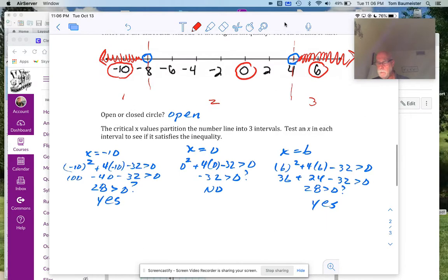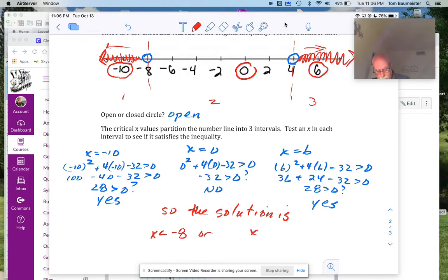So if we look at it, the solution is, well, if I look here, all of this right here is less than -8. So x is less than -8. Or if we look at this one here, we'll get x is greater than 4.